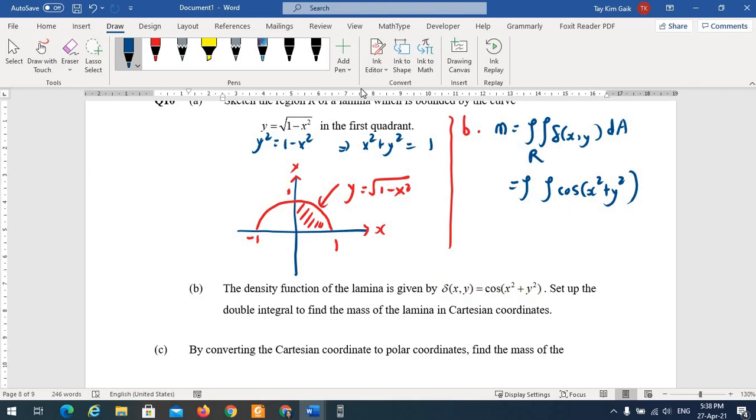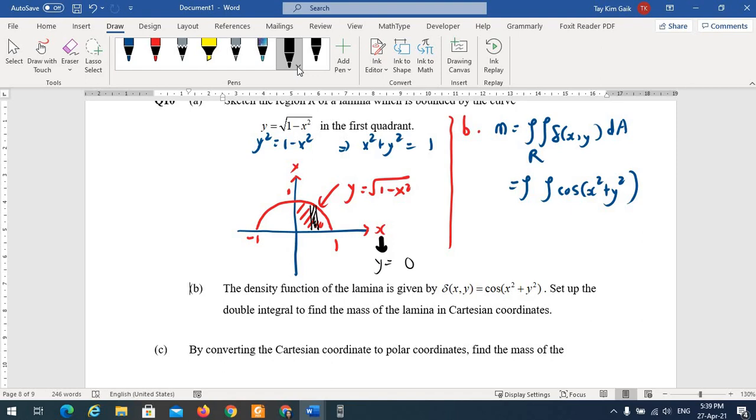And we see this region R is bounded by the x-axis, which is y equal 0. Means the lower curve is y equal to 0. The upper curve is y equal to square root 1 minus x squared. You use a vertical bar.